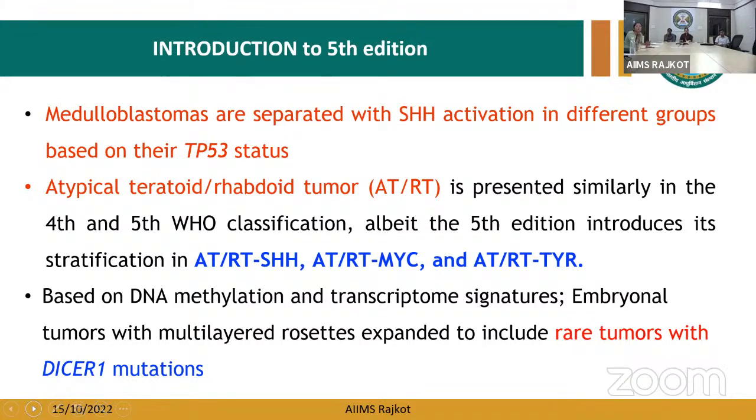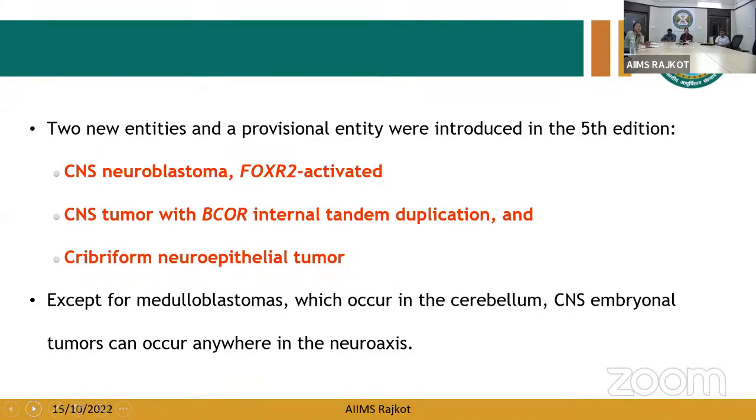ATRT has been divided into 3 molecular subtypes: SHH, MYC, and TYR, that is tyrosinase. And embryonal tumors with multilayered rosettes, along with the C19MC alteration, now also comprise DICER1 mutations. As I showed you, 2 new entities, neuroblastoma FOXR2 activated and CNS tumor with BCOR ITD duplication, have been added, and a provisional entity named cribriform neuroepithelial tumor.